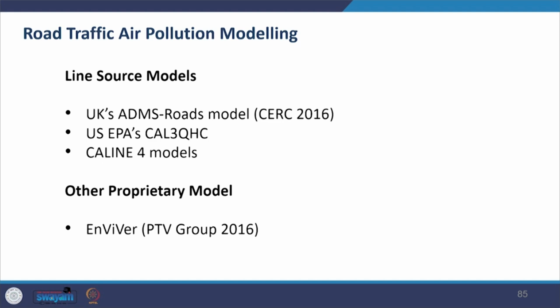A number of models are designed for road vehicles. The UK has developed the ADMS road model, and the US has EPA's CAL3QHC, and then the CALINE 4 model, both of which are available as open source code.